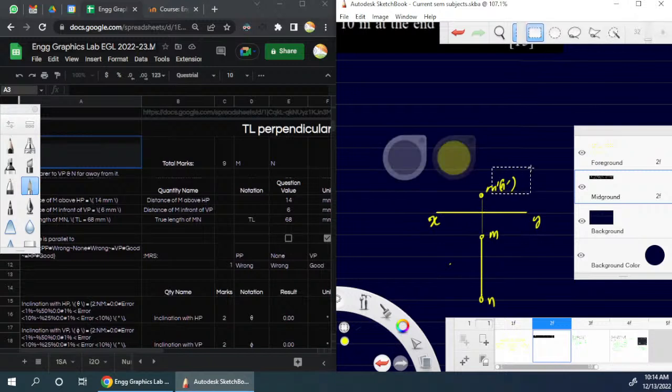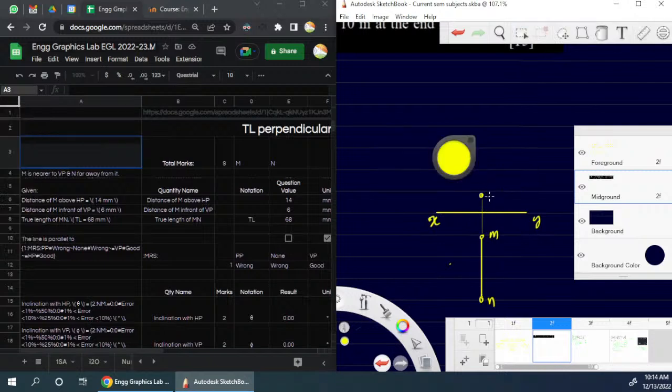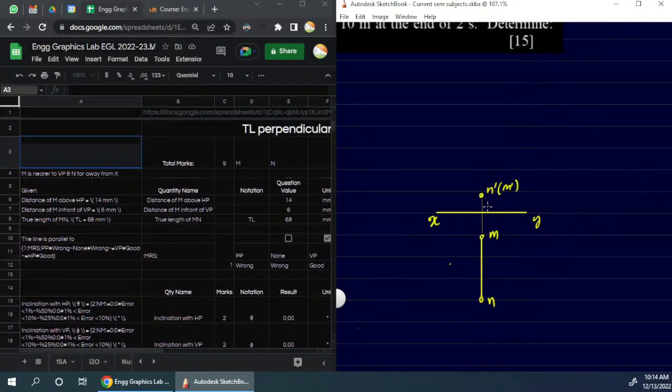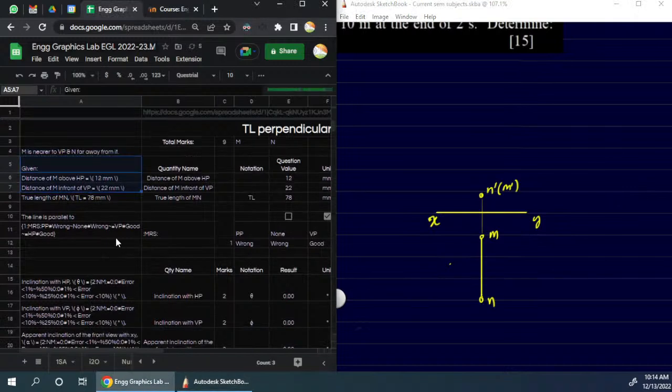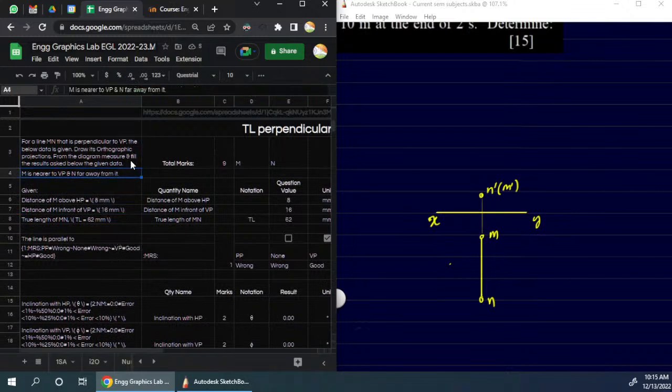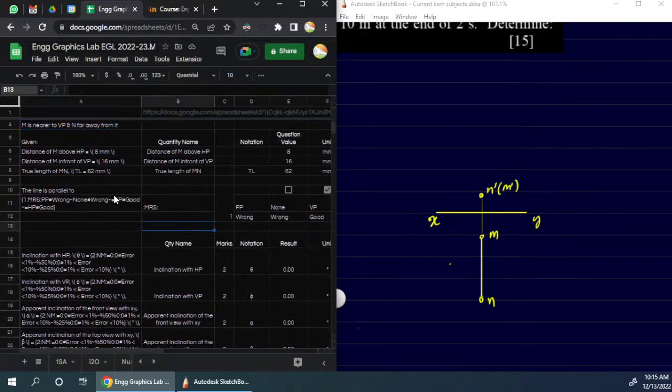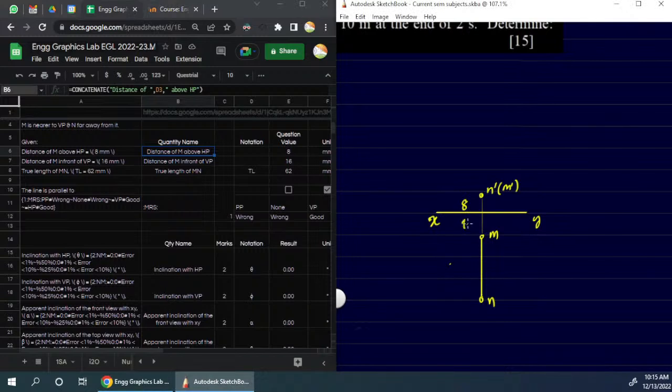According to the conventions, n is nearer, so n is going to come first, and then behind that we'll have the dash. So M is nearer to VP, N is far away from it. And what are the distances given? In the given data, distance of m above HP is 8, so this one is 8, and in front it is 16, so this one is 16.